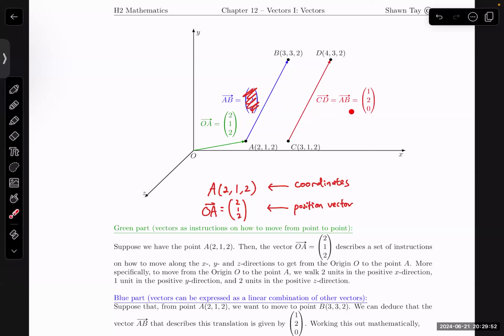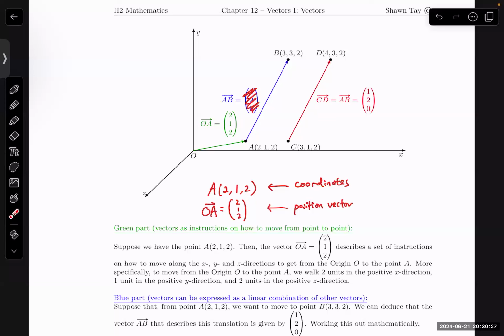That makes a little less sense, because vector AB gives the instructions on how to walk from A to B. So this shouldn't be AB, but we need to remember that vectors are like instructions, and therefore we can copy and paste instructions elsewhere so that we just recycle them. Basically, we just call this vector CD. That's the same thing as vector AB, just that we can apply it anywhere we want.